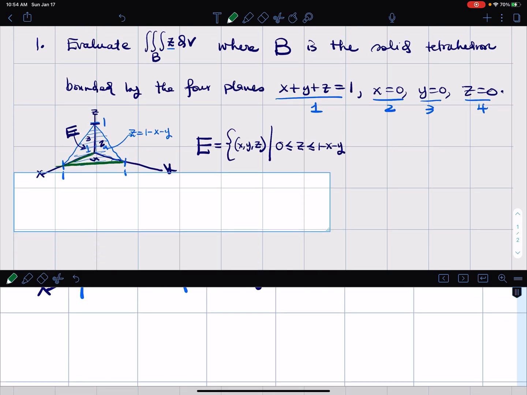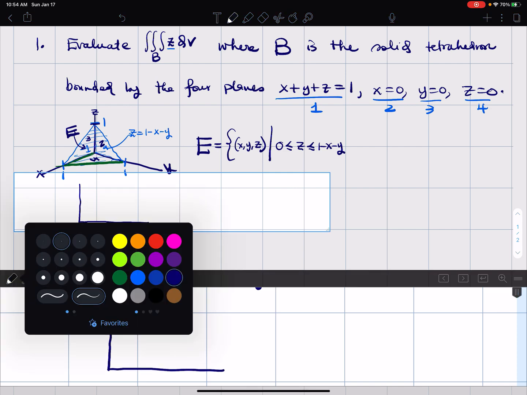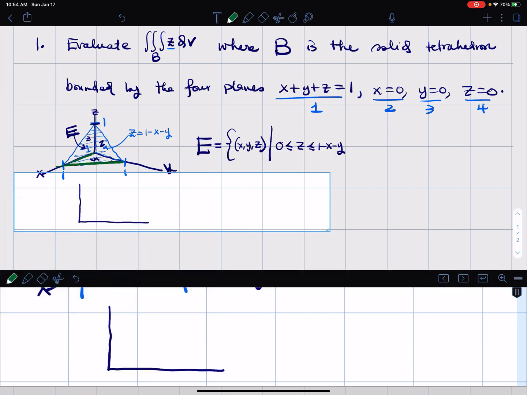If you want to visualize it better, you can look at your y-axis and your x-axis, and then you see that green line I'm talking about. That's the green line, and this is another green line. This is X, this is Y.